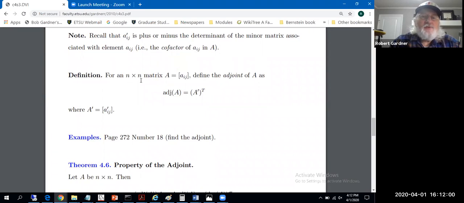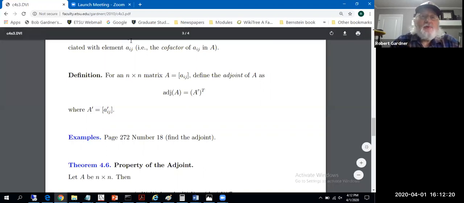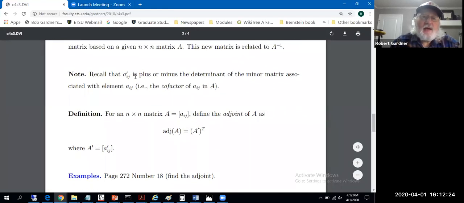For definition, for an n by n matrix A with the usual entries, lowercase a sub ij's, define the adjoint of A as the transpose of the matrix A prime, where the matrix A prime is the matrix of cofactors of matrix A. So we'll compute all these little A sub ij primes, all these little cofactors, put them into a matrix.